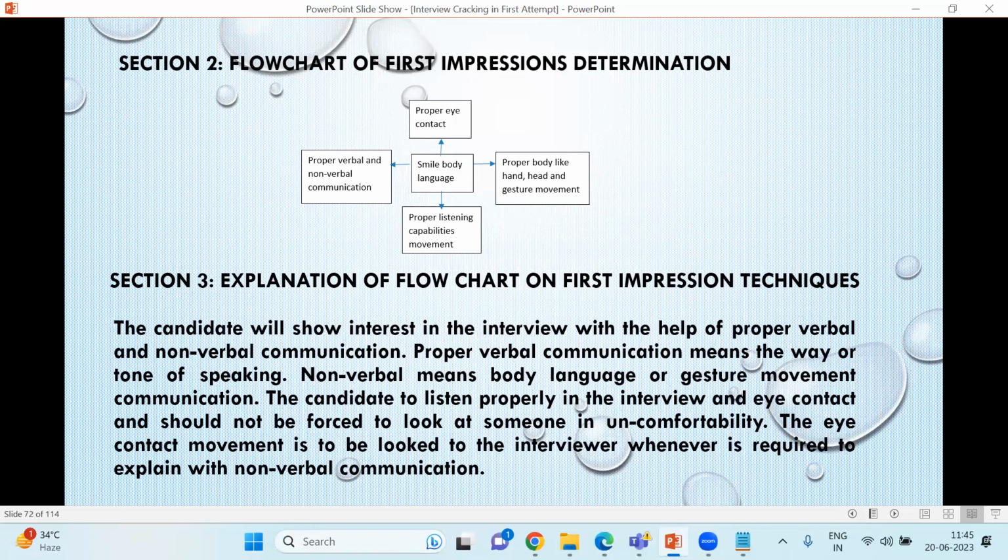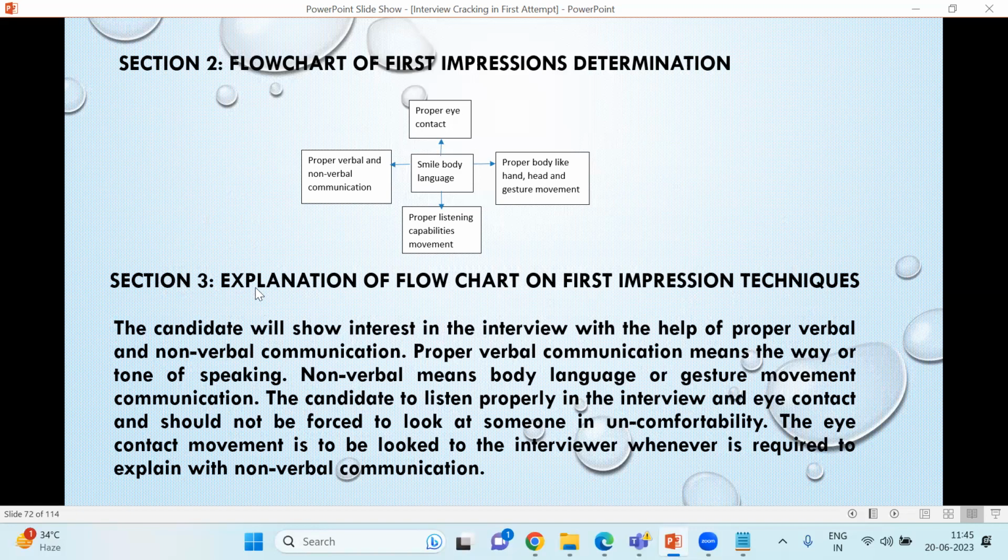Automatically your body, face, eyes, and hands will move according to your thinking and the answer you are applying. But it should be controlled, and your body postures should be relevant to the answer.